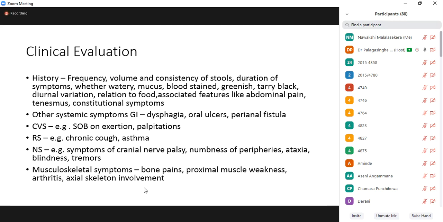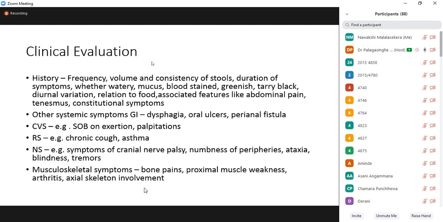So what do you mean by tenesmus? You feel the urge to pass stool always, but then you don't end up passing. Yes, good.